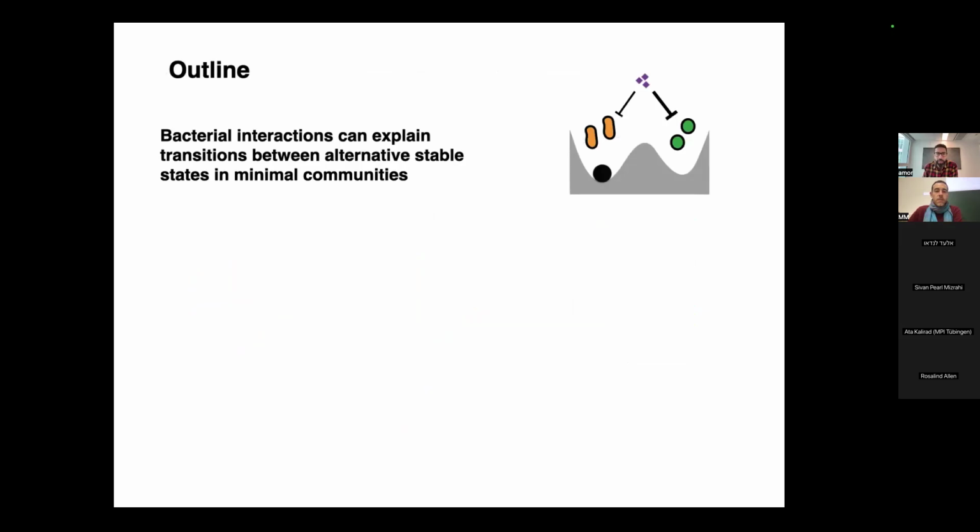So up to here, I showed that we can understand pretty well the responses to antibiotics and other kinds of perturbations in minimal communities. And these responses are driven mostly by the interactions between the microbes and also between the microbes and their environment.